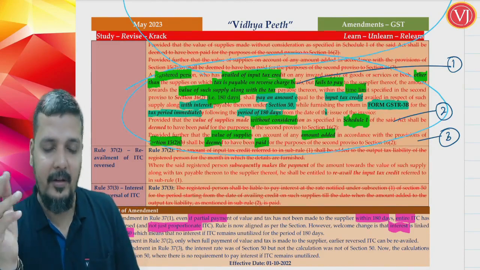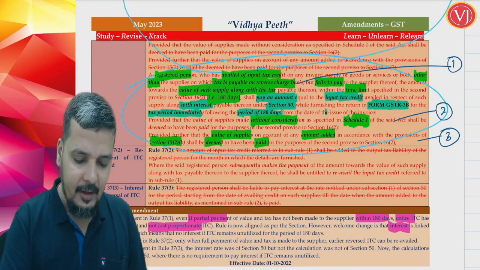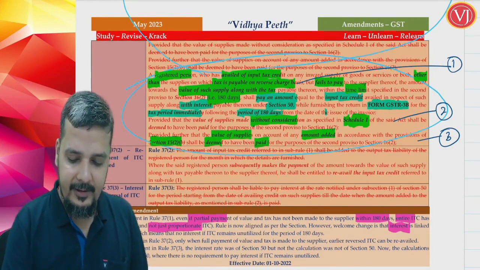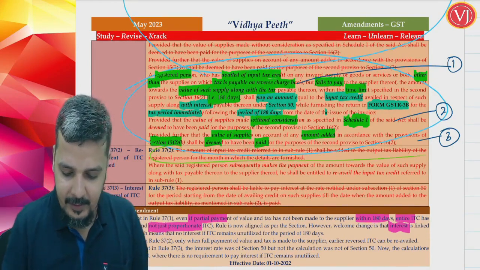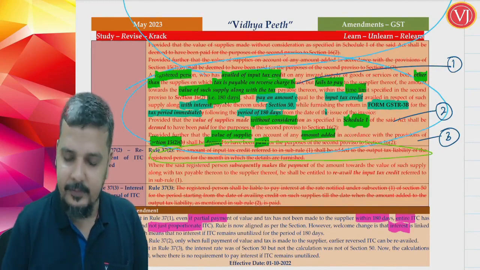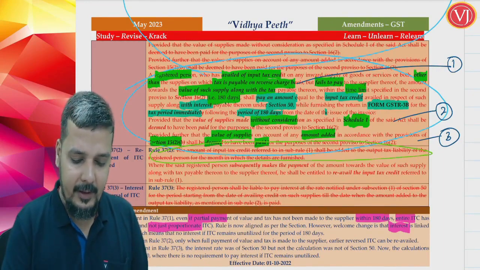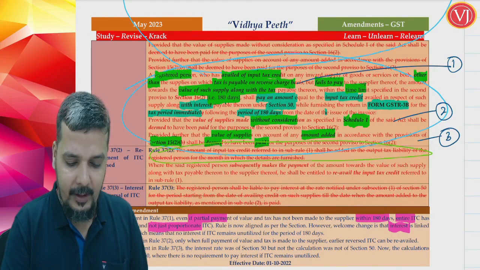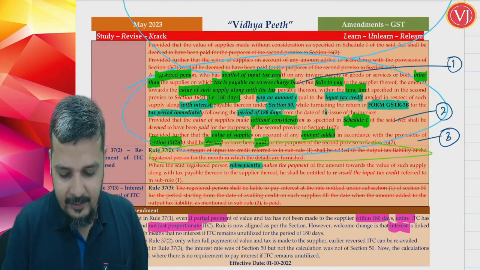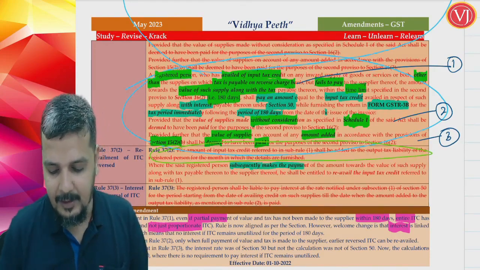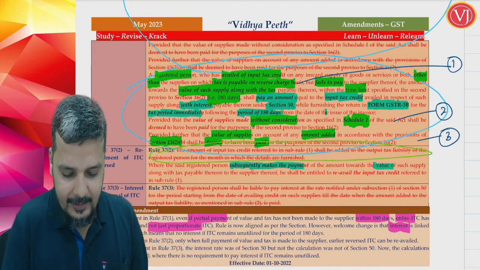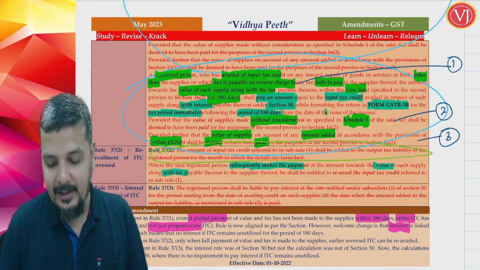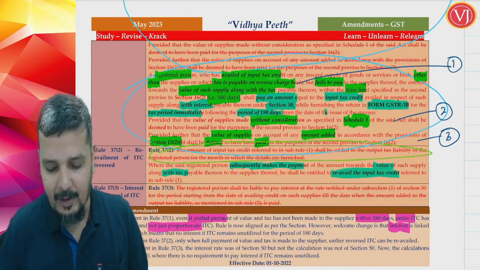That is the first point, rule 37 sub rule 1. Now rule 37 sub rule 2 is also being replaced. What is it trying to tell? It is saying that only and only when that registered person subsequently makes the payment of the value and the tax, full value and the tax, he shall be entitled to re-avail the entire input tax credit.